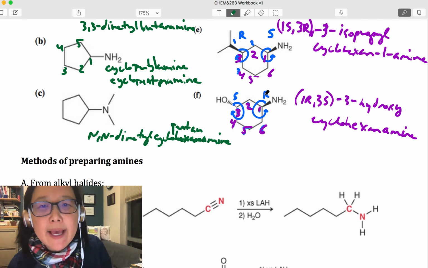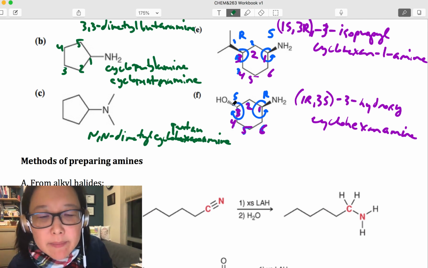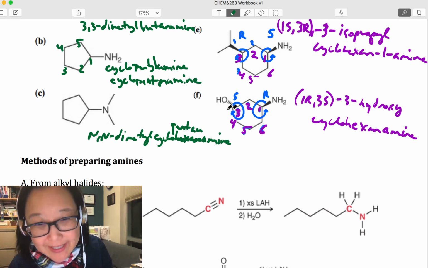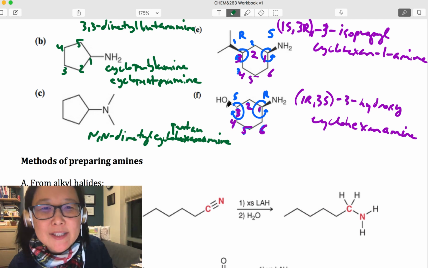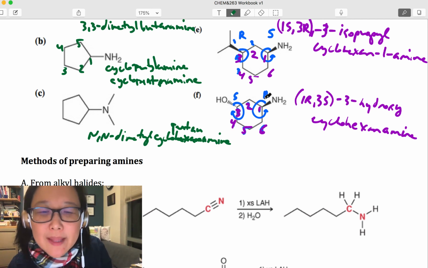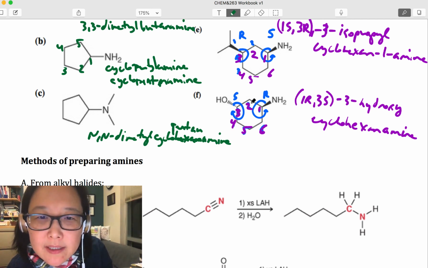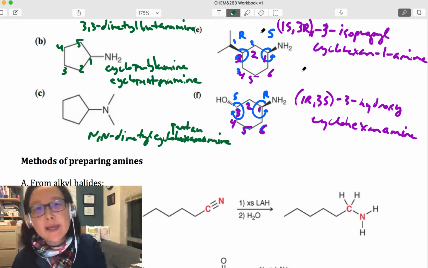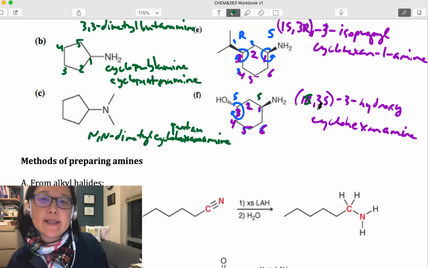So that's going to be S. And this one is going to be 1, 2, 3, because this one eventually has the nitrogen closer. 1, 2, 3. But this one has 4 in the front. The hydrogen's in the front. So I have to reverse that answer. So this one's going to be S. And this one looks like it's 1, 2, 3. That one's going counterclockwise. That one should be S. All right, so 1S, 3S.